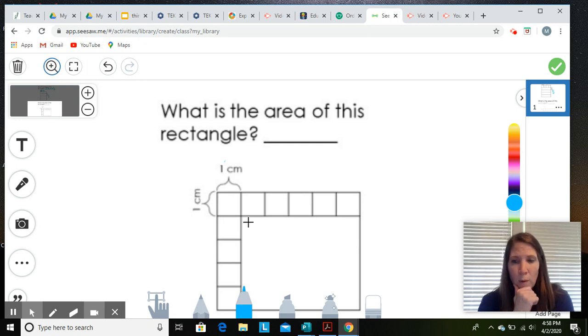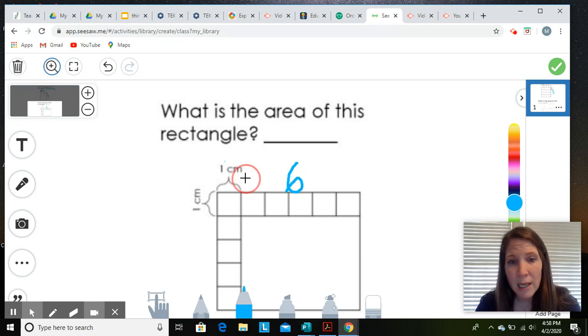Well, here's my question to you. Is this part that's blank, is that still part of this larger rectangle? It is. It's still a part of it. So we have to include this when we're finding the area of the total of the whole thing. So we see 1, 2, 3, 4, 5, 6 in this top row.